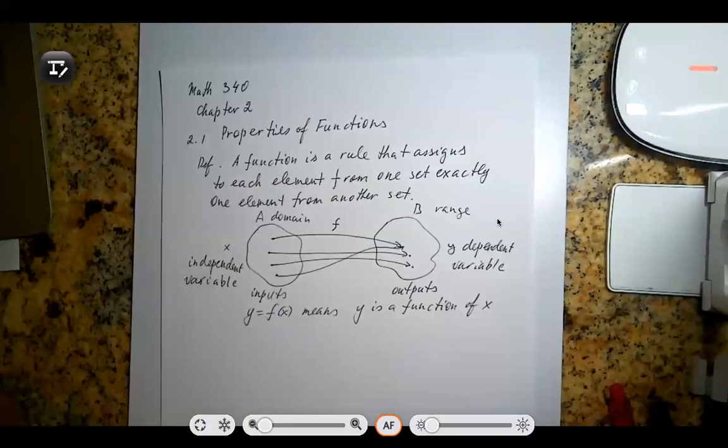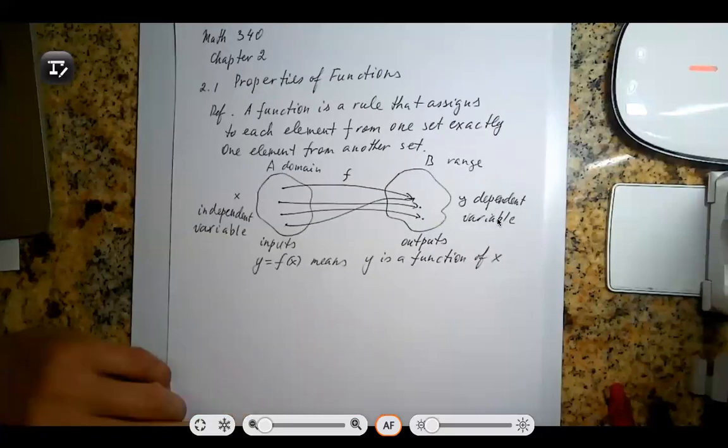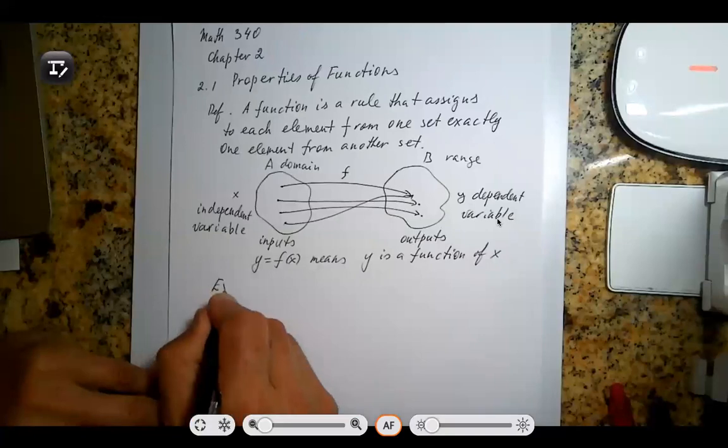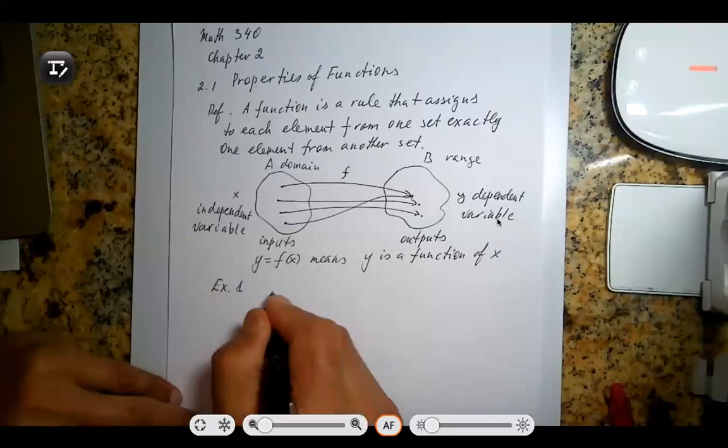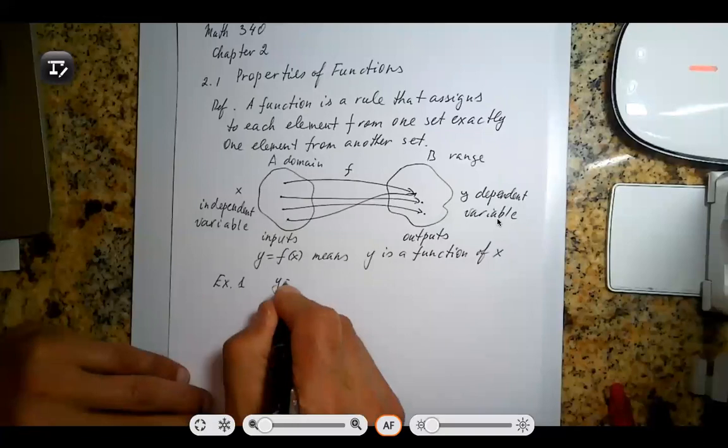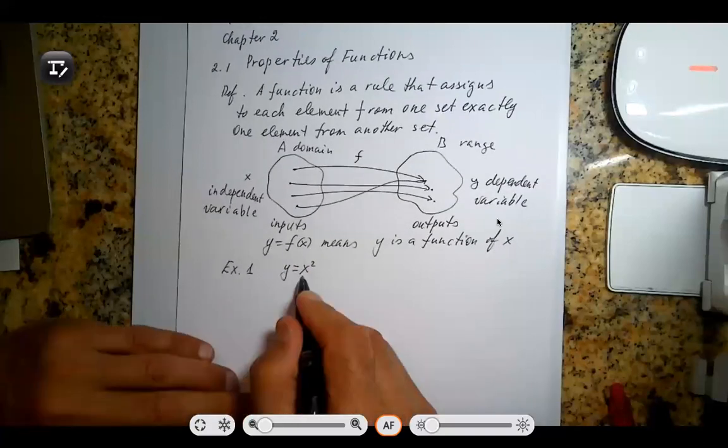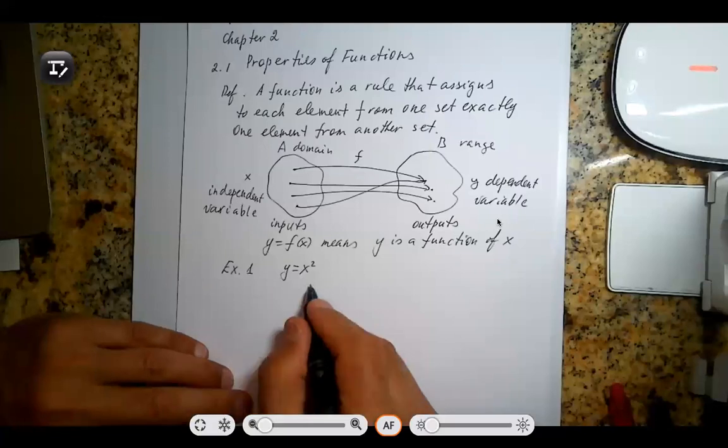So we can give functions by a rule or by an analytical formula. Here is an example. Example, y equals x squared. X is input, y is output. So what is the domain? What kind of numbers can I plug in?